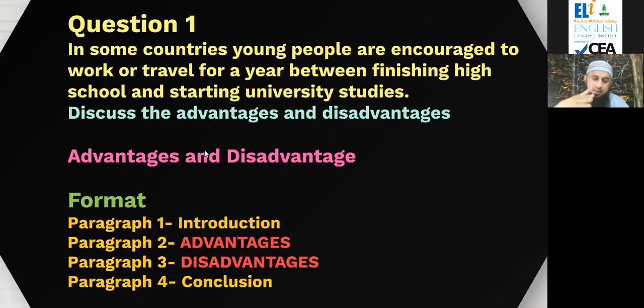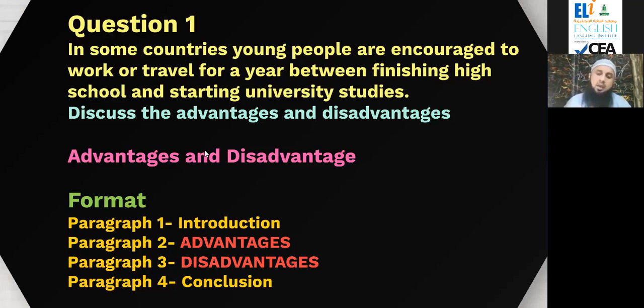Then disadvantages, again, 70 to 80 words. Then conclusion, that sum up all those two. They're not asking your opinion. Don't write it here. They just ask you advantages and disadvantages. That's it. They don't say write your opinion, what you think. No, no, no. They ask you only this. Discuss. The discussion essay.